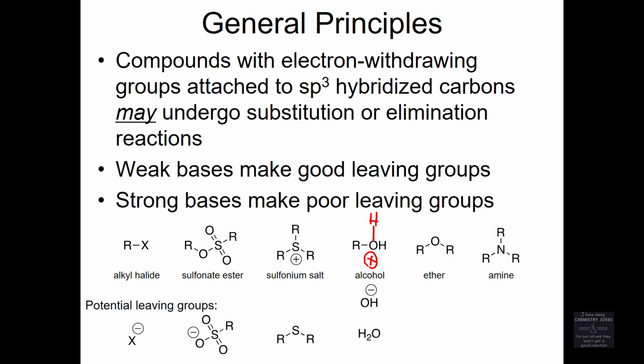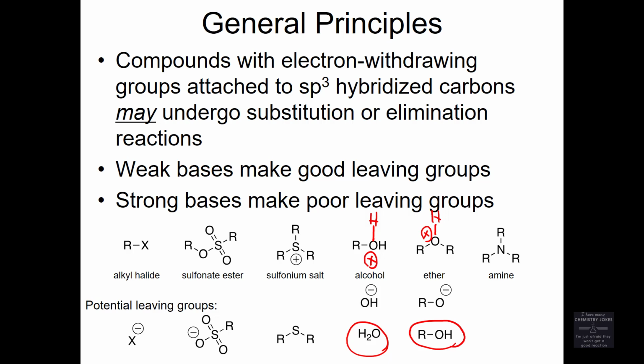So water could also be my leaving group from an alcohol. Same deal with an ether. This top one is a terrible leaving group. That's a strong base, terrible leaving group. But that O could be protonated first, and then it could leave as a neutral alcohol.